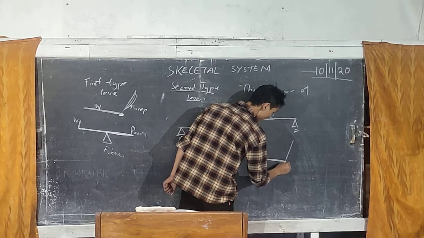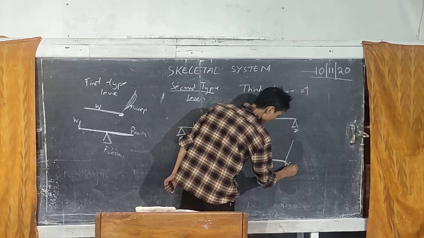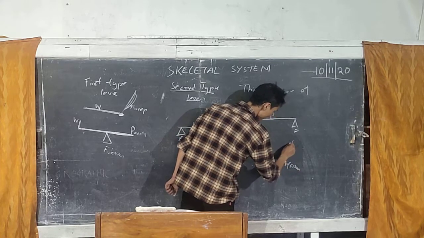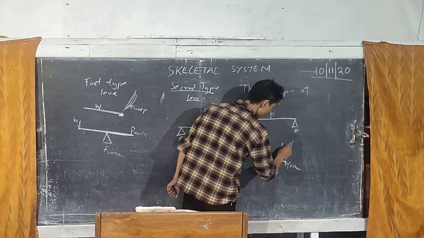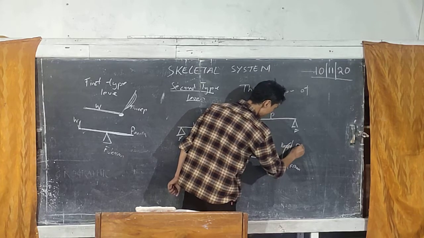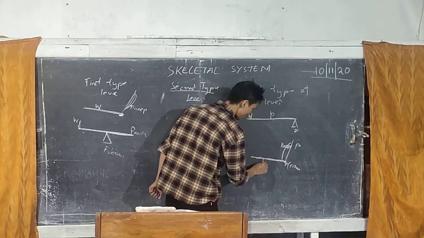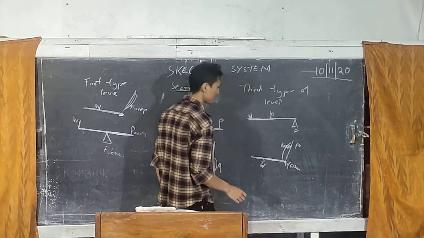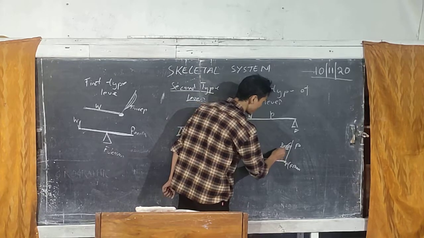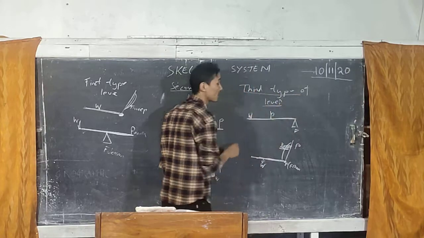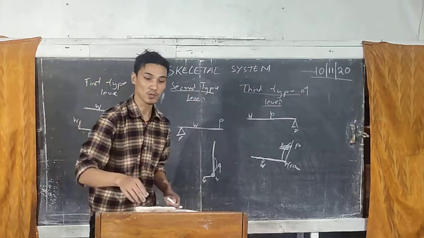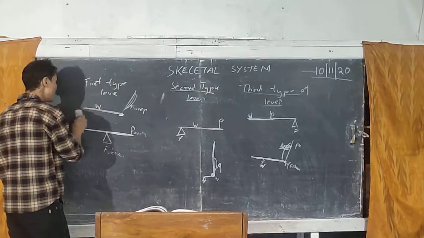Elbow becomes the fulcrum, your bicep provides the power and your forearm becomes the weight. So your bicep is an example of the third type of lever. So these are the lever mechanisms of the muscles.